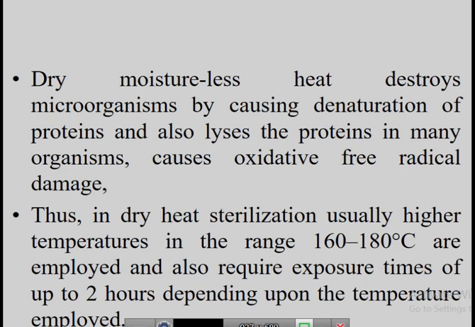So you can compare moist heat sterilization and dry heat sterilization. In moist heat sterilization, the temperature used is around 121 degrees Celsius for 15 to 20 minutes, and in dry heat sterilization the temperature used is very high, 160 to 180 degrees Celsius for up to 2 hours.